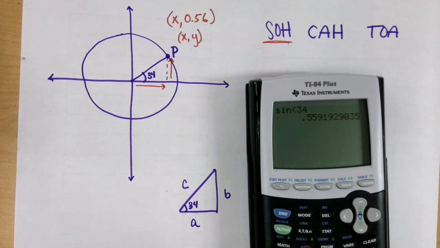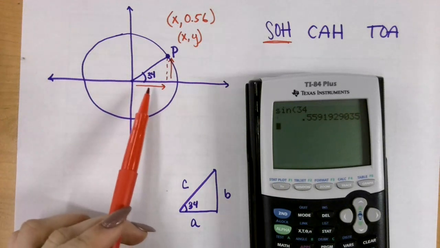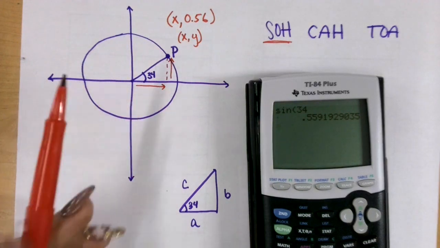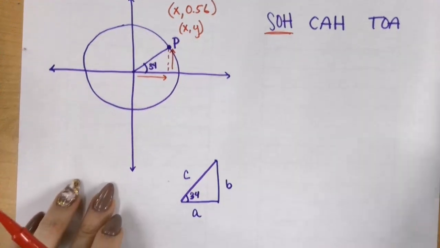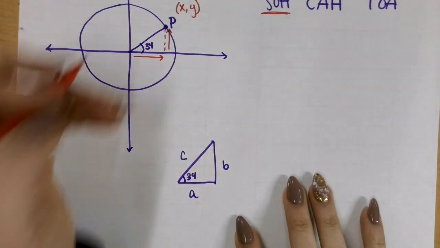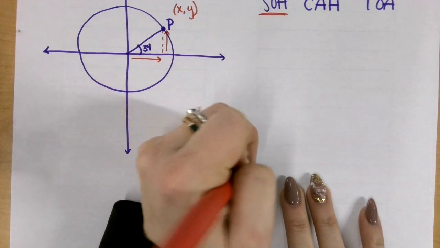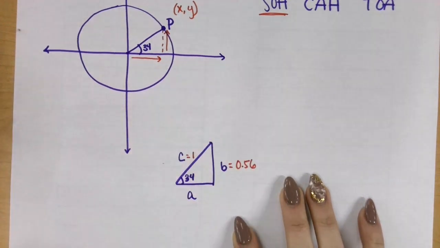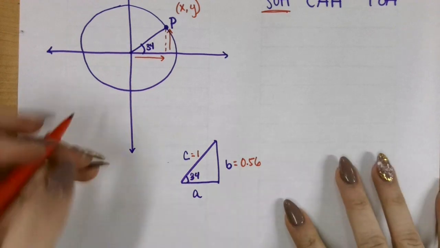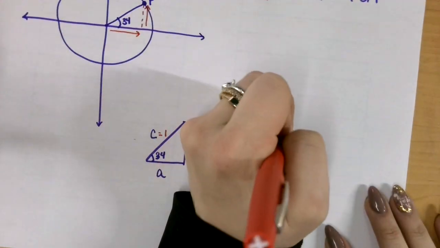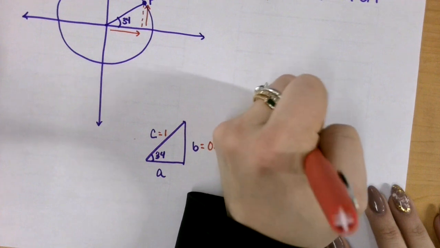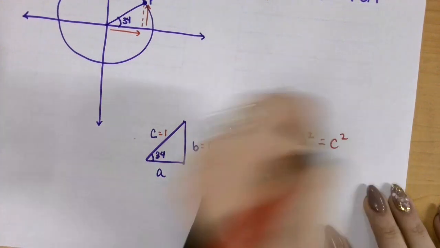All right, so if we want to find cosine, or our adjacent side here, we can use the Pythagorean theorem. So if we look here, we know that C is 1 because that's our unit circle. B is that 0.56, and we don't know what A is yet. So to do the Pythagorean theorem, I would do A squared plus B squared equals C squared.